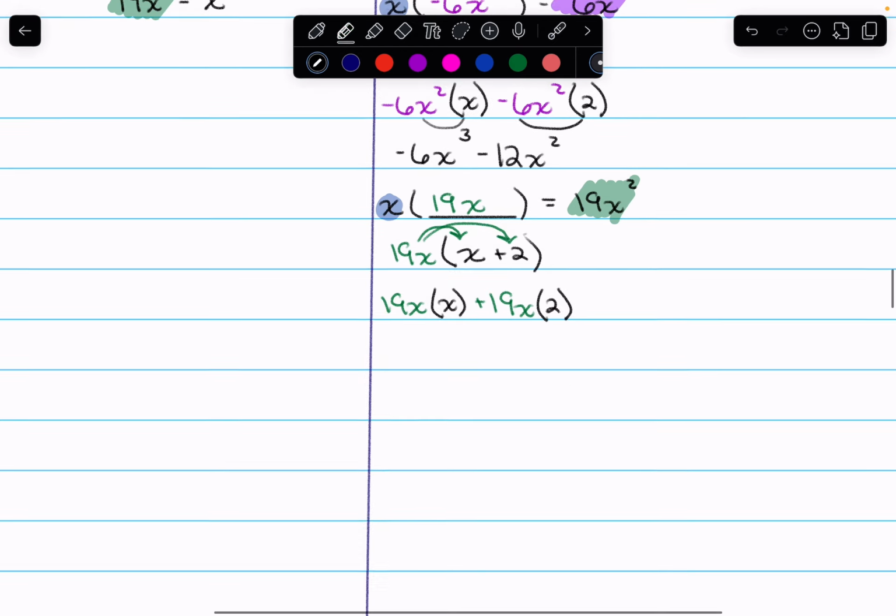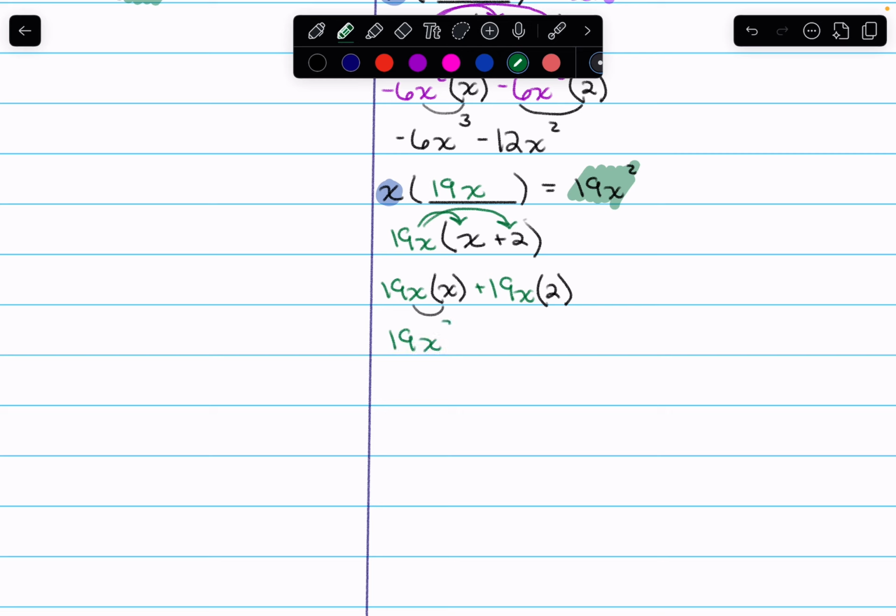X times x is x squared, so I end up with a 19x squared. 19 times 2 is a positive 38x. That's the end of step 2.